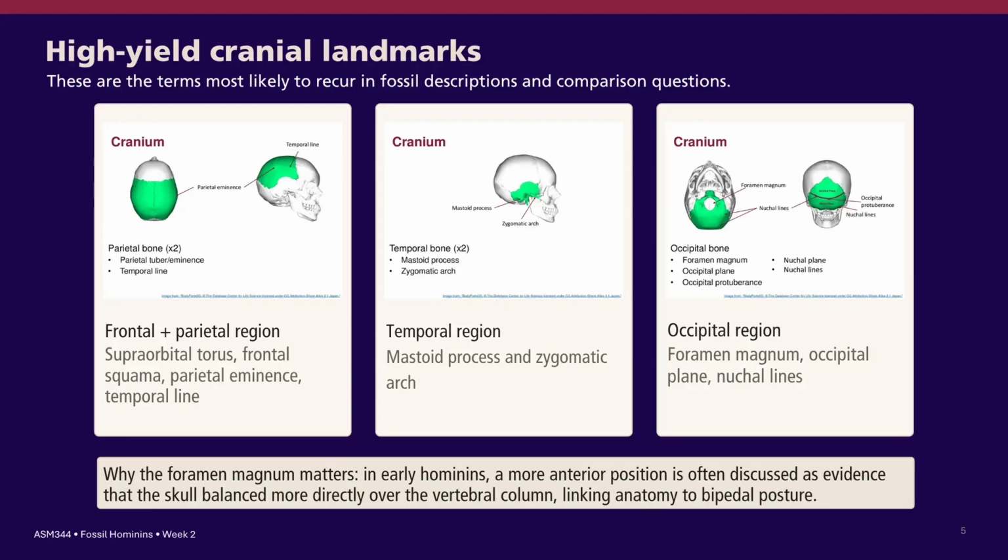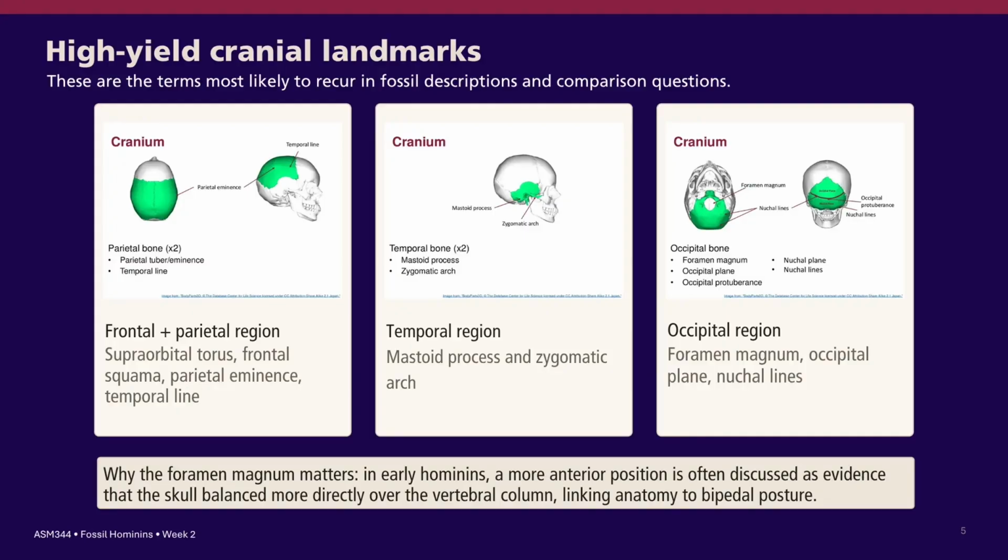Ask what each feature might tell you. Is it associated with muscle attachment, cranial shape, locomotor posture, or taxonomy? The zygomatic arch relates to chewing musculature. The nuchal lines and occipital region relate to neck muscle attachment.